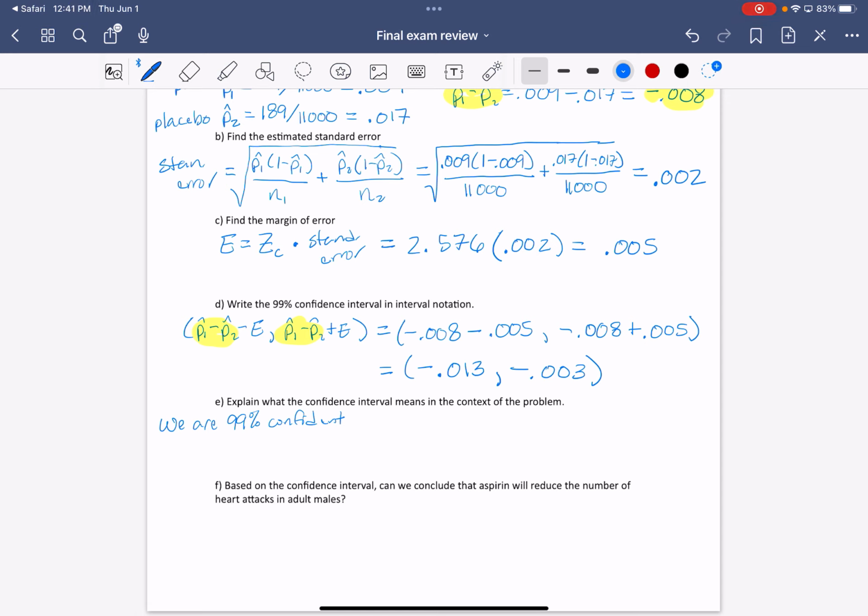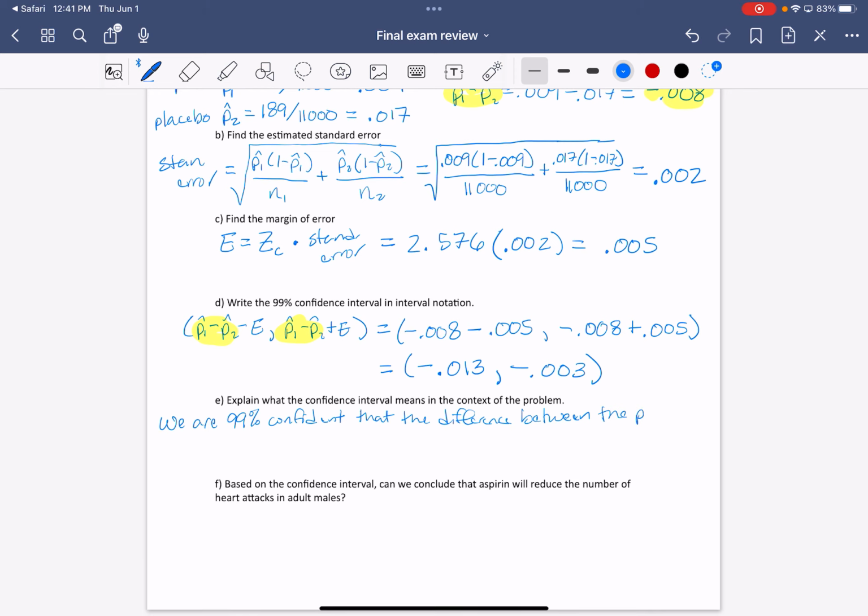So we are 99% confident that the difference between the proportion of those who had a heart attack while on aspirin and those on the placebo is between negative, and then convert these to percentages, negative 1.3% and negative 0.3%.